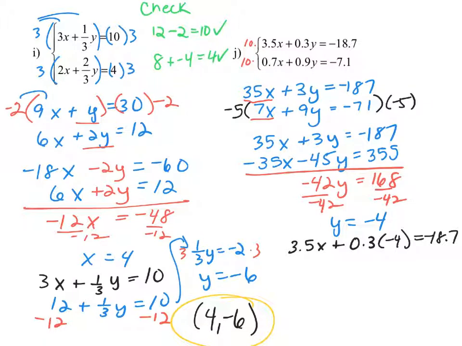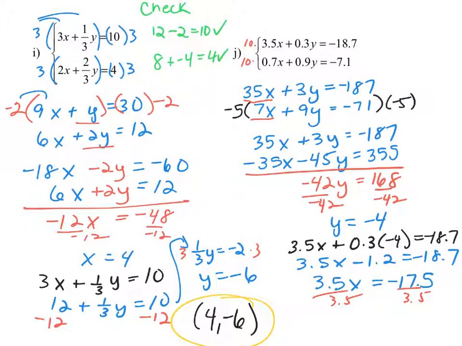We can simplify this equation. 3.5x minus 1.2 equals negative 18.7. I'm going to take that negative 18.7 and add 1.2 to both sides. So I get 3.5x is equal to negative 17.5. And then I'm going to divide both sides by 3.5 so that I end up with x is equal to negative 5.